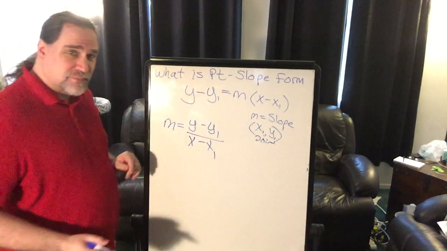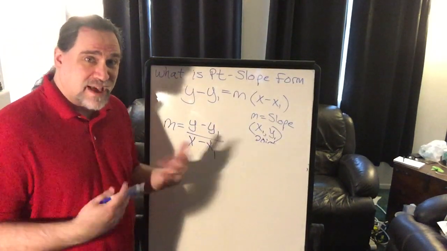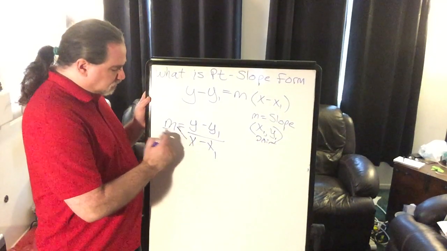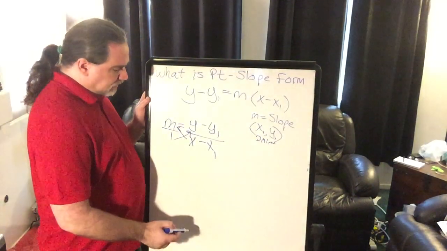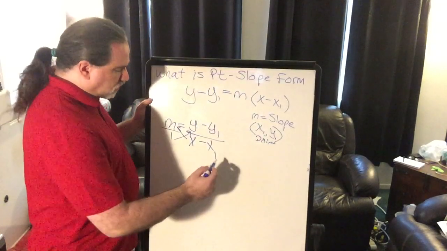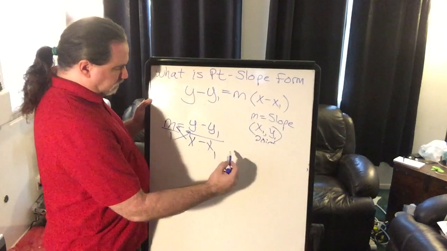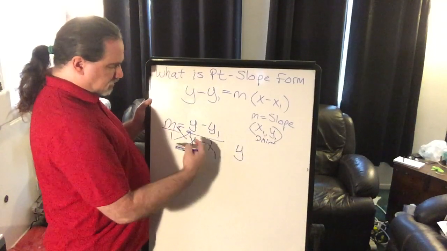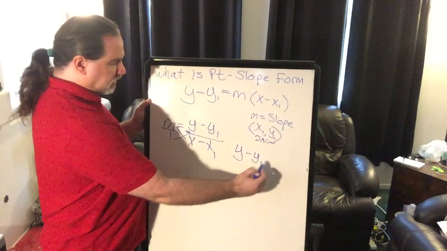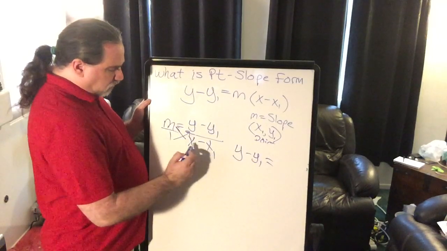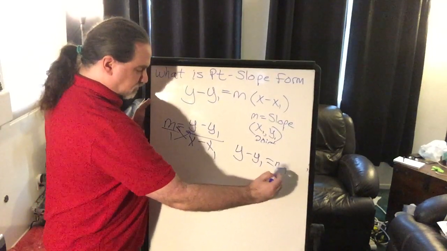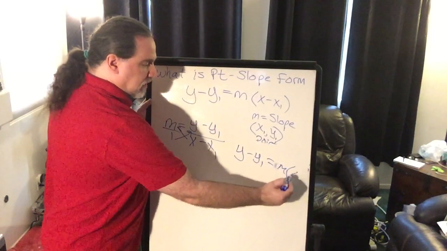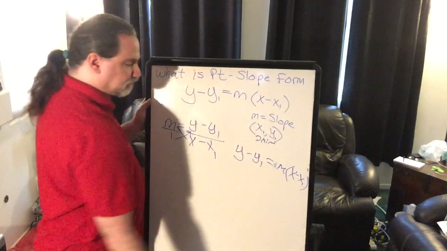And here's the really amazing thing is, it really is that formula kind of rewritten. I'm going to cross multiply this way. So the y minus y1 is going to stay y minus y1, and m is going to multiply times all of x minus x1.